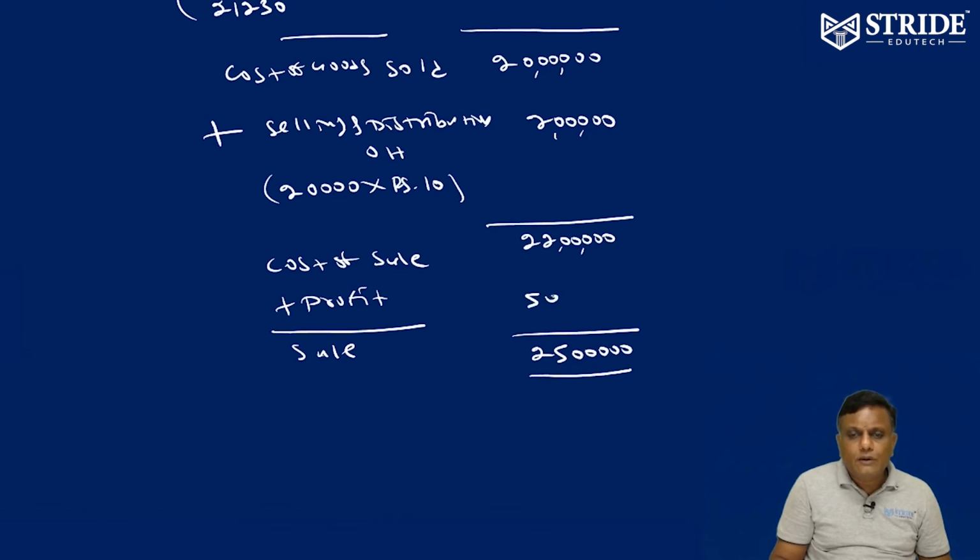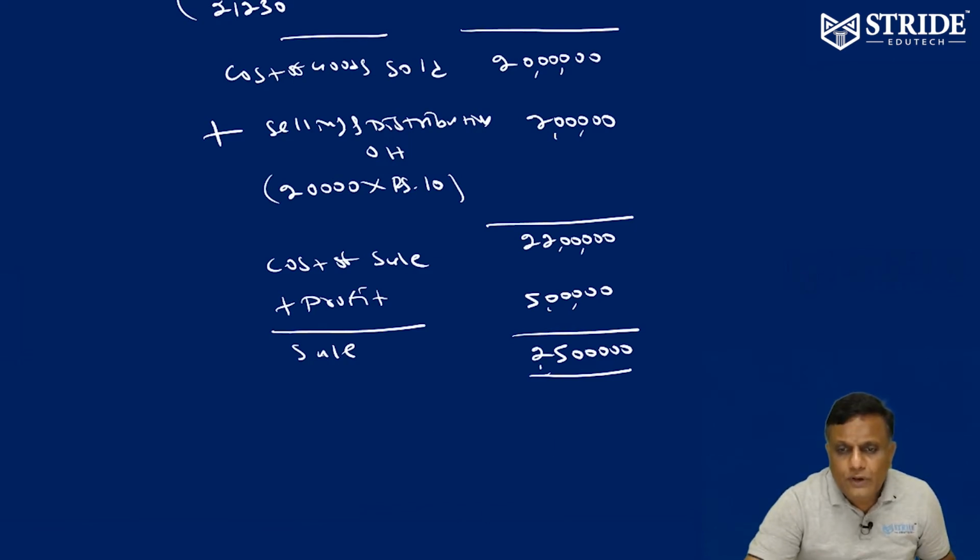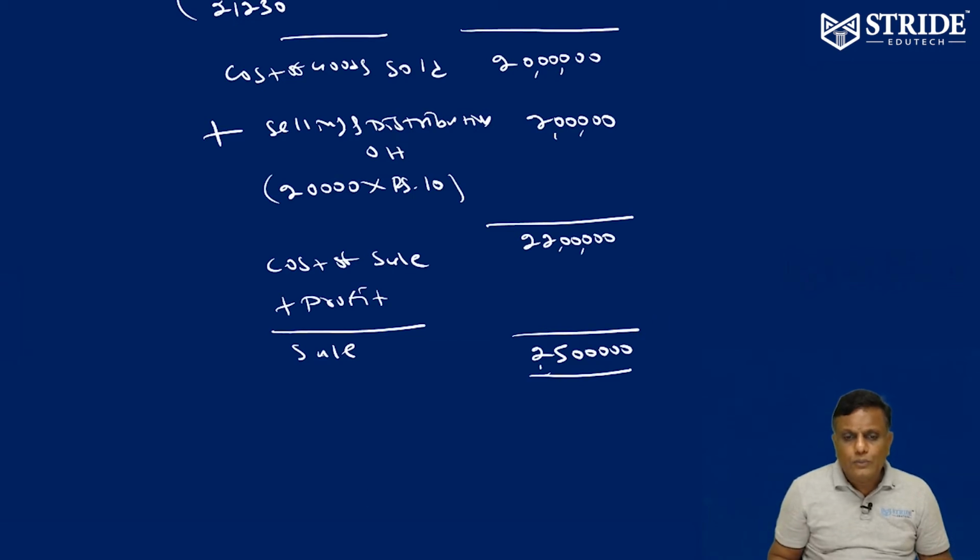So the missing figure is profit. Profit is equal to sale minus cost of sale. Profit is sale 25 lakhs minus cost of sale 22 lakhs. So the answer is 3 lakhs. The profit is 3 lakhs.